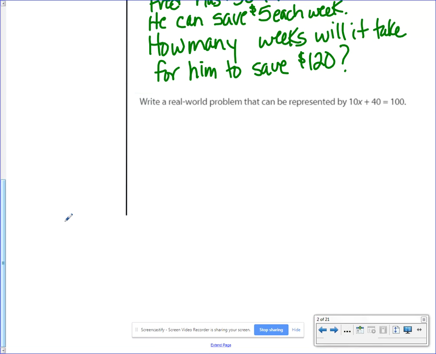Right now I have 40, and I know I can manage to buy 10 songs or download 10 songs every week. How many weeks would it take to do that? I seem to be fixated that my variable is always time here, but you come up with the situation and let's see what creative ideas you can come up with. All right. I start with 40. I want to get to 100, and I can do 10 per something and come up with some representation.